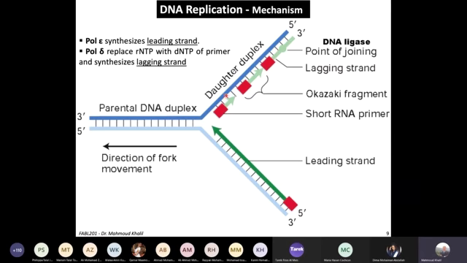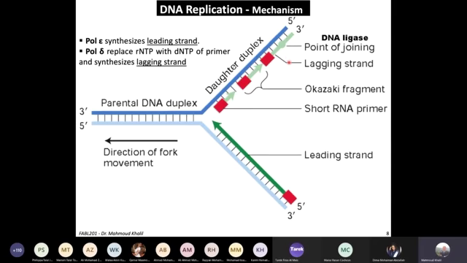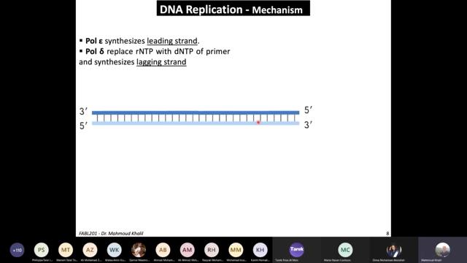But once you open this strand it is different, because the terminal end is 5 prime and the polymerization has to start from the 5 prime, so it cannot start from here as in this case. Because this end of the newly formed strand will be 3 prime and it cannot move this way. It cannot move from 3 prime to 5 prime, so it has to move from 5 prime to 3 prime.